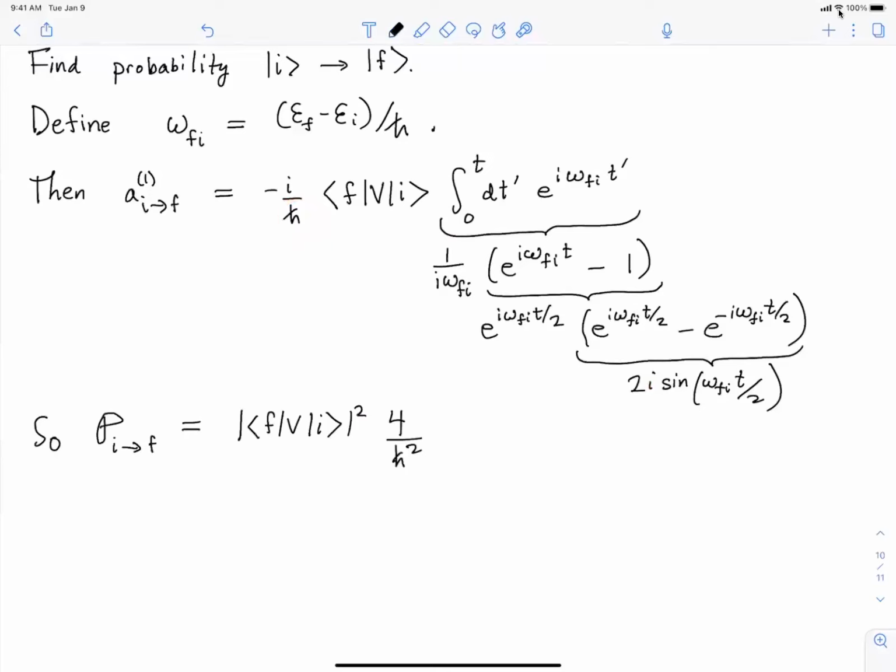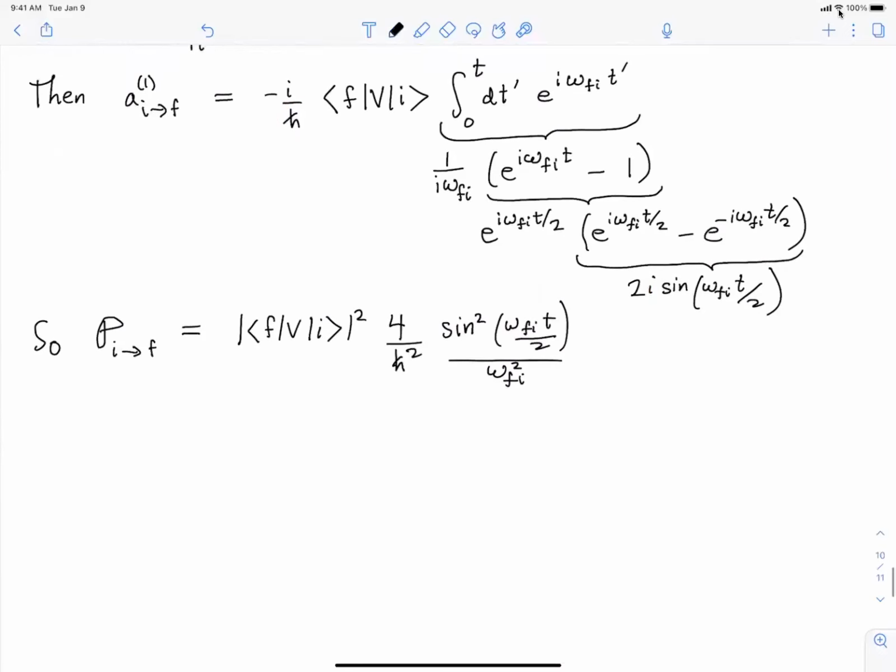Okay, and then there's a factor of sine squared omega t over 2, and then I have another factor in the denominator of omega squared. Okay, so we found this function that depends on time and the angular frequency associated with the transition.